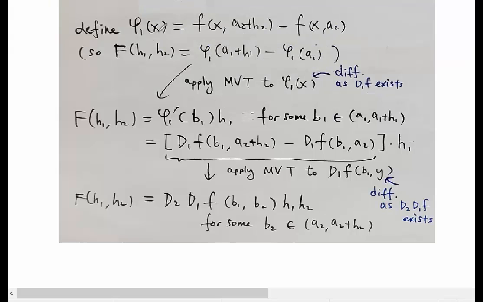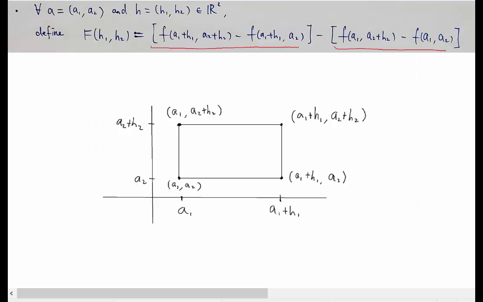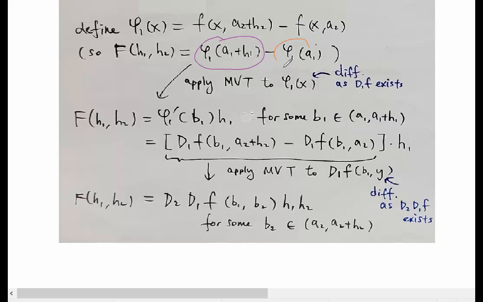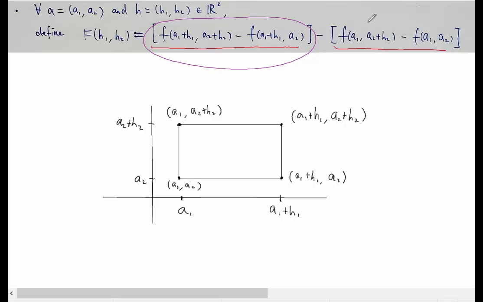Okay? Now next I define another function phi1 of x, and this is defined to be the right hand side. And note that the previous function capital F is just the same as phi1 of a1 plus h1 minus phi1 of a1, because phi1 of a1 plus h1 is just the first difference, which is this term, and phi1 of a1 is just the second difference, which is just this term.